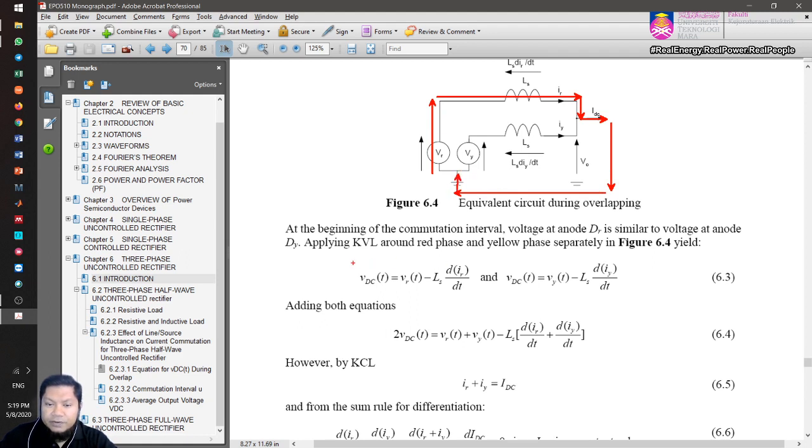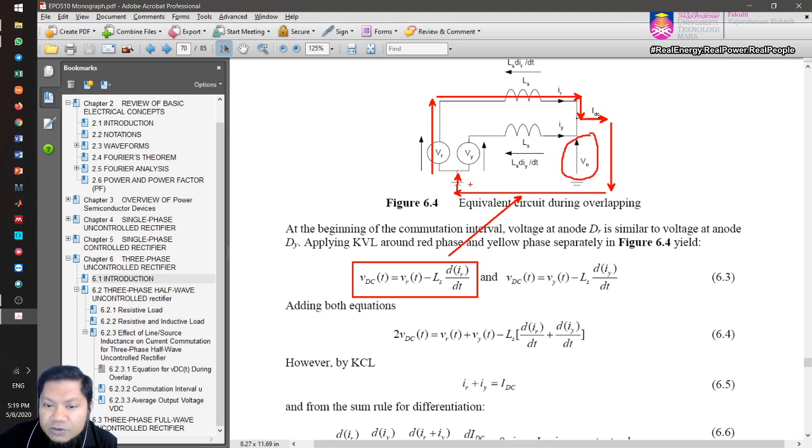That gives this equation: minus VR, plus Ls dIR over dt to get the voltage across Ls here, and then plus Vout equals 0, where Vout is VDC. So that forms the first equation: VDC equals VR minus Ls dIR over dt.